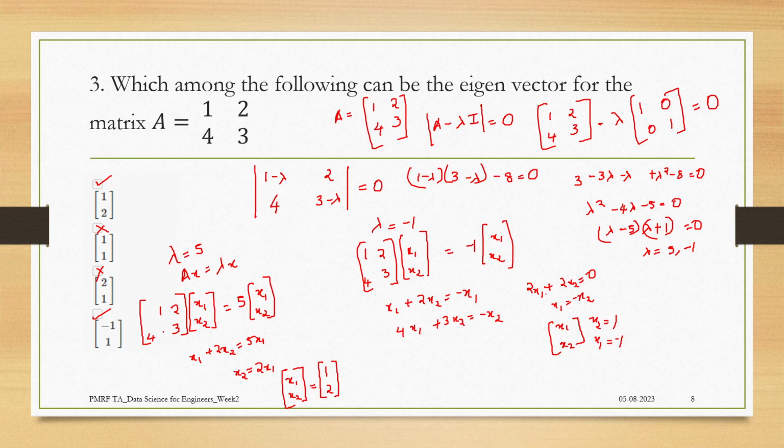It will be coming like x1 plus 2x2 equal to 5x1, and the other equation is 4x1 plus 3x2 equal to 5x2. In the first equation, it will be 2x2 equal to 4x1, which implies x2 equal to 2x1. Okay, that is one thing.